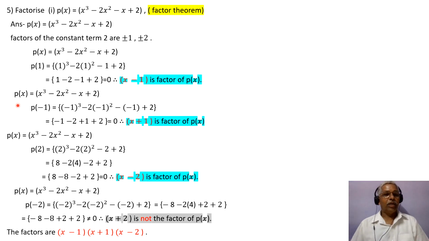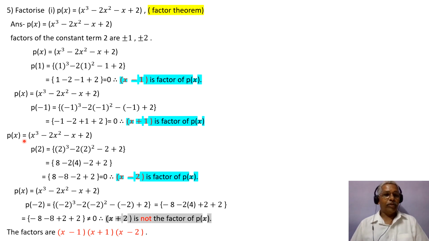Okay. Now p(minus 1), copied down from here: minus 1 cube minus 2 into minus 1 square minus (minus 1) plus 2. If you solve this, you get 0. So therefore, x plus 1 is a factor of p(x). So we got two factors.